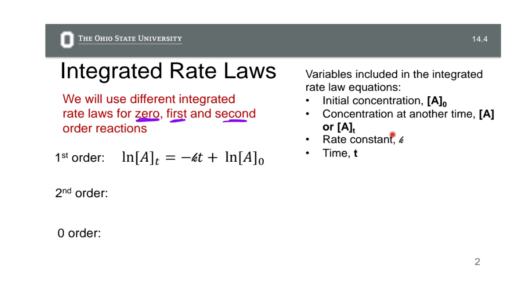We'll see our rate constant k, and then time is going to be t. So the first order integrated rate law is given here: ln[A] at some time t equals minus kt plus the natural log of [A] sub 0, our initial concentration.